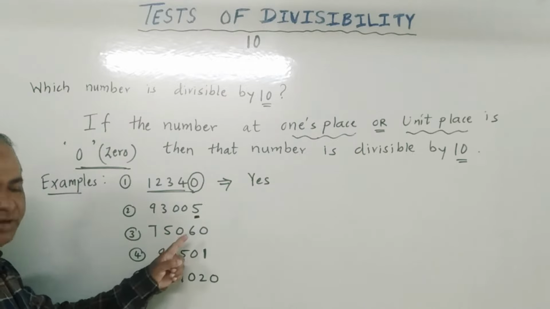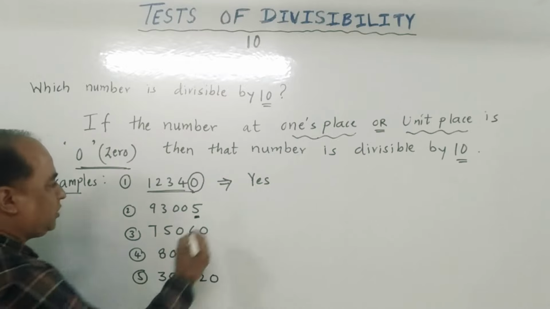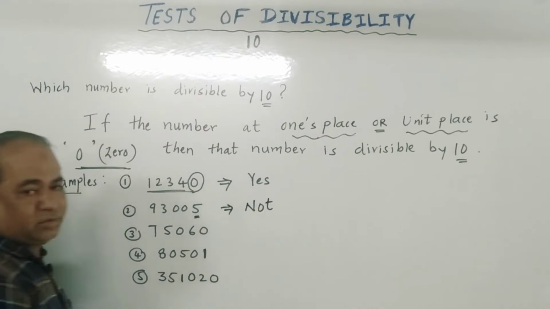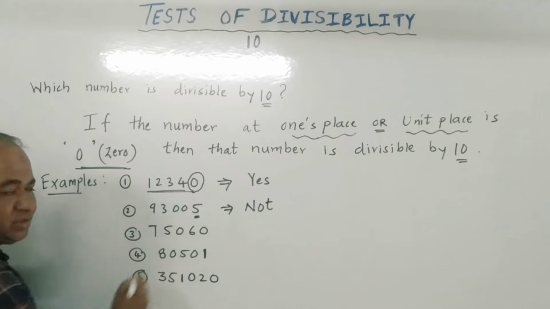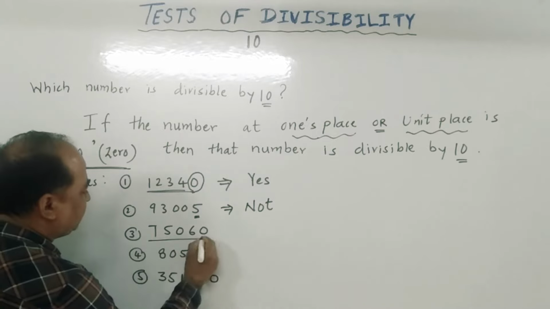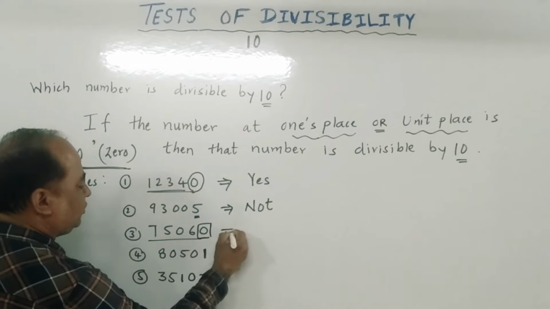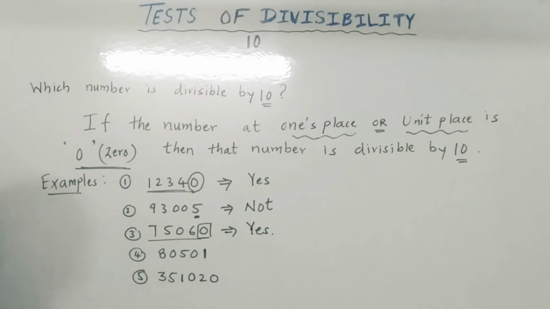The last digit of this number is not 0. It is 5, other than 0. So this number is not divisible by 10. Here 75,060. Is this number divisible by 10? Last digit is 0. So yes, it is divisible by 10.